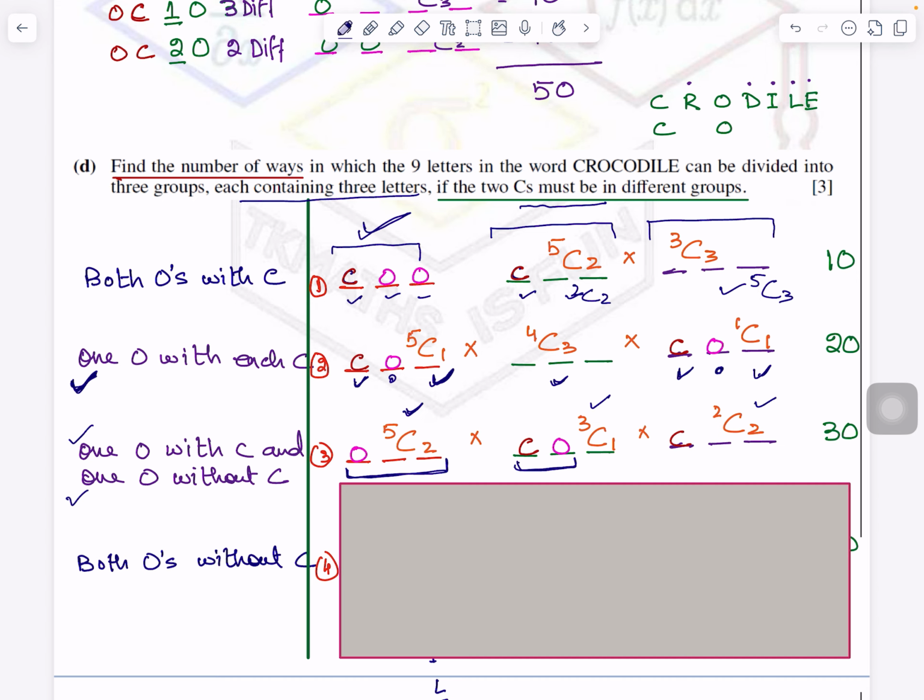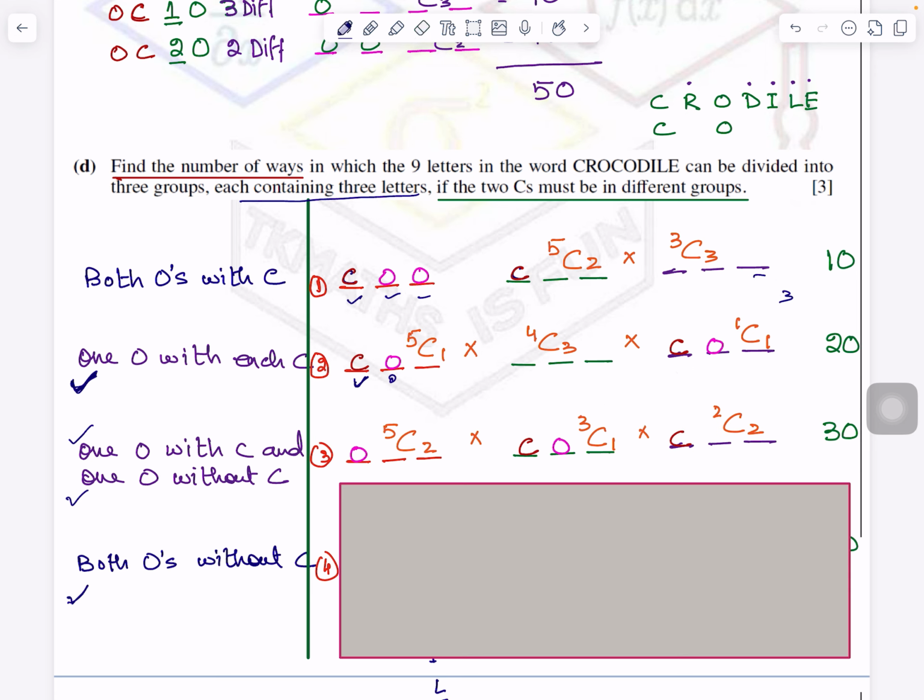Now the last case, when both O's are without C. Both O's are without C. Let me just clean it a bit so that you can see clearly. Okay, now the last case.